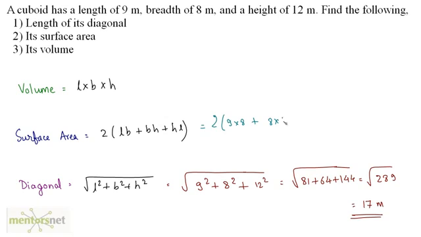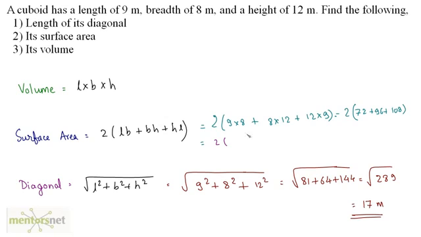8 times 12 plus HL, 12 times 9, right? So this will be equal to twice of 72 plus 96 plus 108.